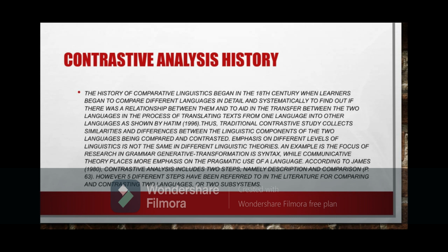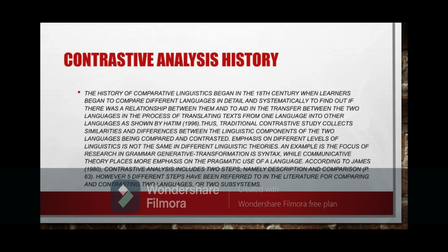contrastive analysis includes two steps, namely description and comparison. However, five different steps have been referred to in the literature for comparing and contrasting two languages or subsystems.